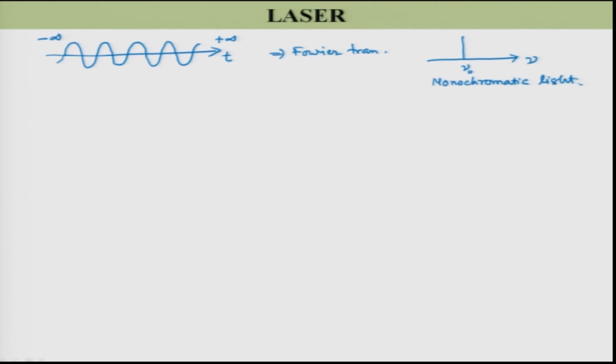Now, the question is why our normal light sources, like a spectral lamp, are not oscillating with constant amplitude and constant frequency forever? The reason is that in that case the emission is nothing but atomic emission.